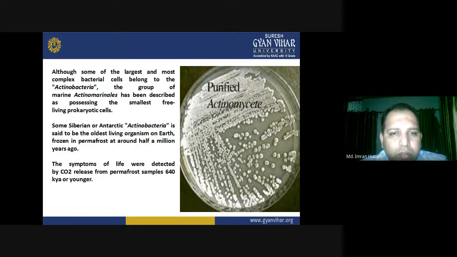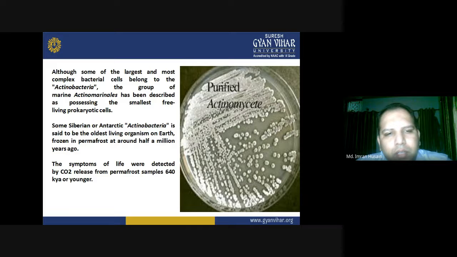So actinobacteria, although it is the largest group, actinomarinales are also known to be the smallest free-living prokaryotic cells. So they do have a lot of variation in their habit and habitat, and we have to work hard and learn more about their nature and about their different varieties.